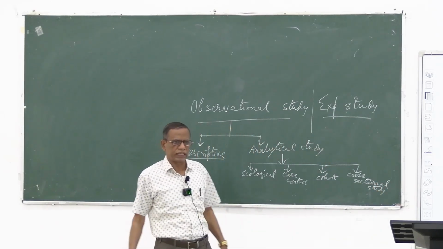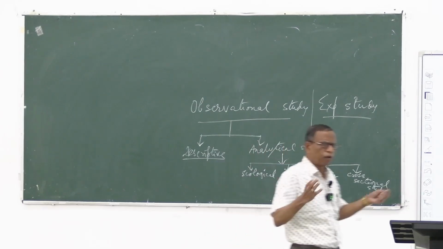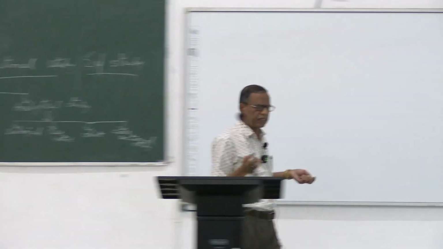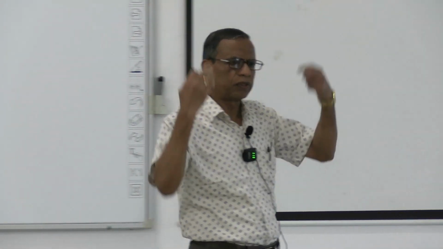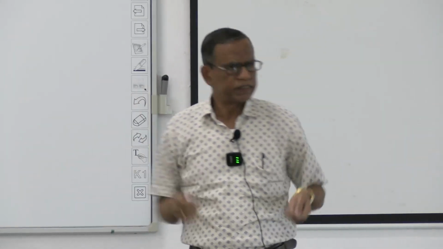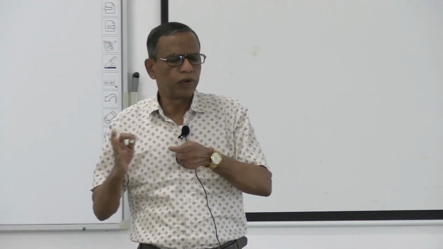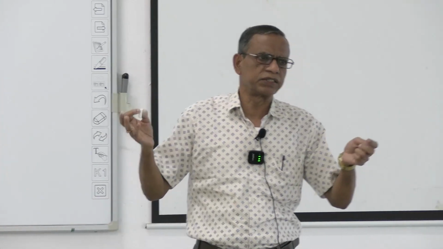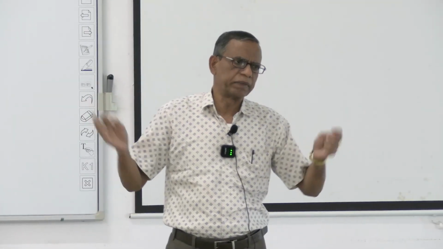In case of ecological study, we compare the various morbidities among Indians with other people residing in other countries, and we analyze what are the reasons for so many discrepancies.